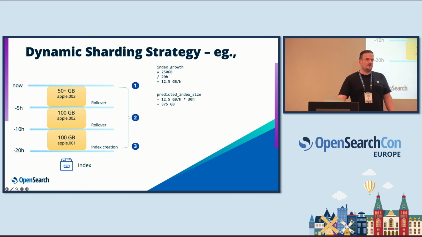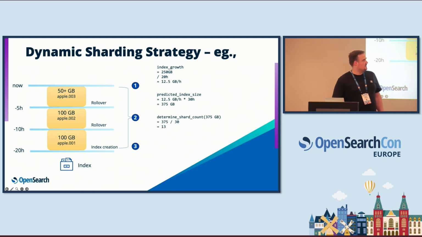So we're saying, well, we think in 30 hours, this will be like 375 gigabytes. So what's the ideal shard count for that? I'm not showing the brackets here, but because it's a rather large index, we just divide by 30 and we come out at something like 13 shards. And that's actually what the script would then write back into the ISM policy.